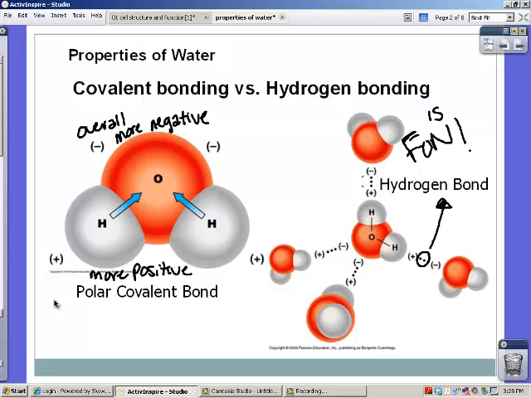Well, molecules that are polar also have two poles, except what we classify them as depends on the charge of the pole. I had made the example in class of how one student, a very large student, was bonding with a student that was a little bit smaller.